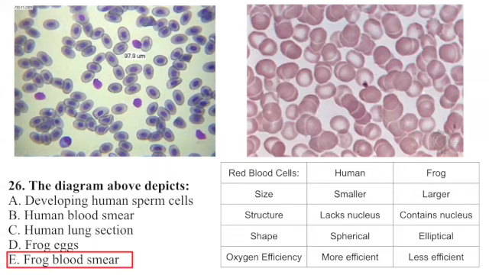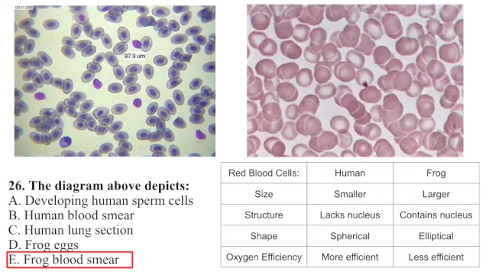B, human blood smear. Well, let's see. If it was a human blood smear, there would be no nuclei in there, because if you remember, mammals don't have nuclei in their blood cells.